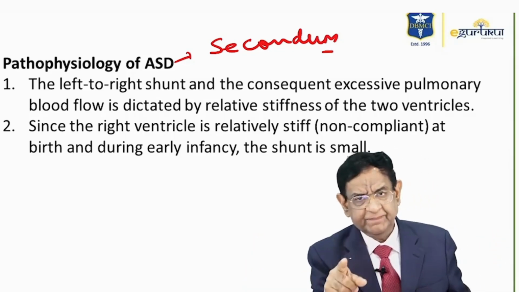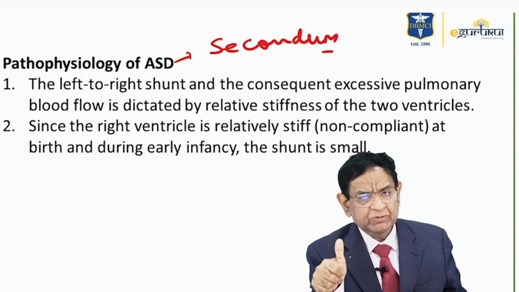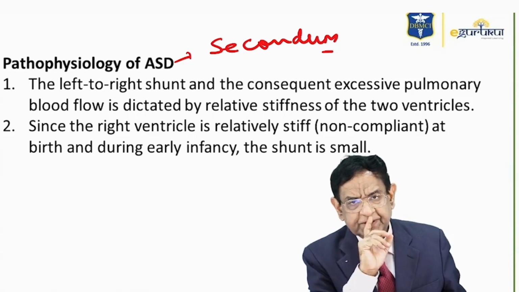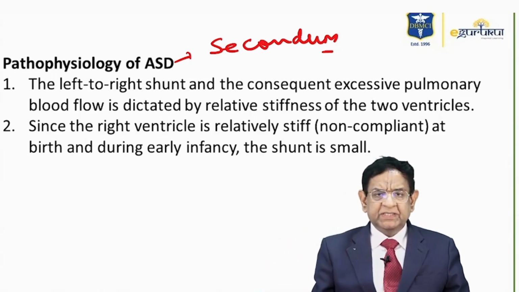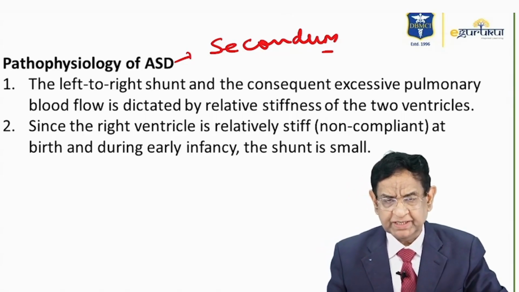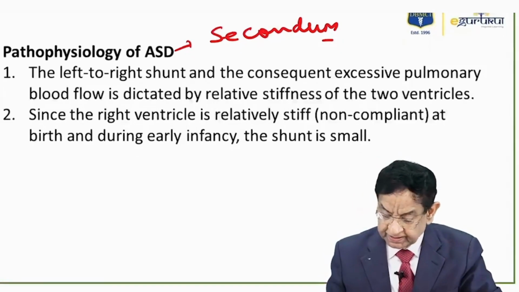I repeat again: whenever they talk about primum, either Down syndrome or left axis deviation. Third is early PAH. These are the three things they are going to ask if they talk about endocardial cushion defect. Otherwise, with no mention, it is secundum.